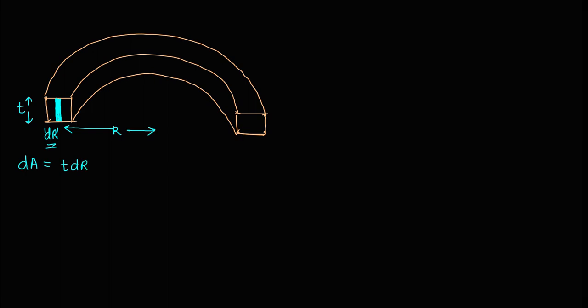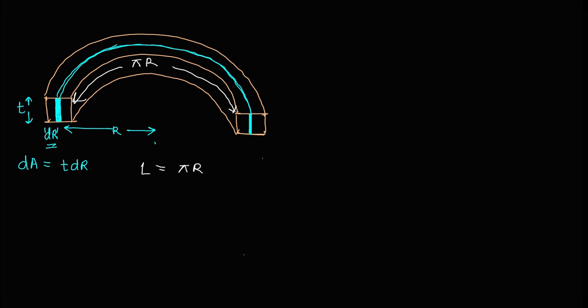The current is going to pass in this particular patch from one end to the other end like this. Now the length which it covers is equal to pi r, from this end to this end.